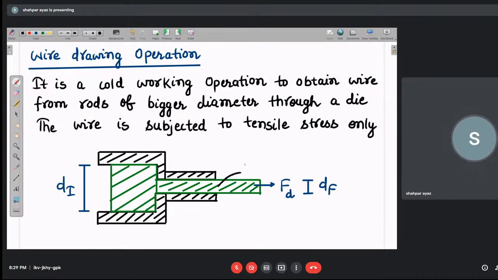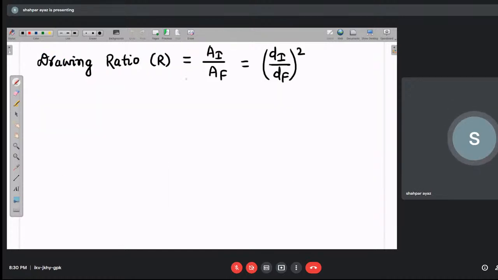This is your wire, this is your billet. Clear, everyone? It will be like this, drawing ratio.